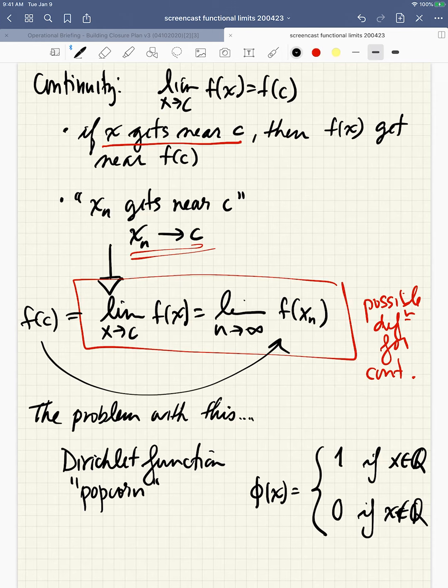If you wanted to graph the function, that would be pretty hard, because all the rational numbers would get plotted up here, and all the irrational numbers would get plotted down there. They'd look like two solid lines because the numbers are so dense in the real line.